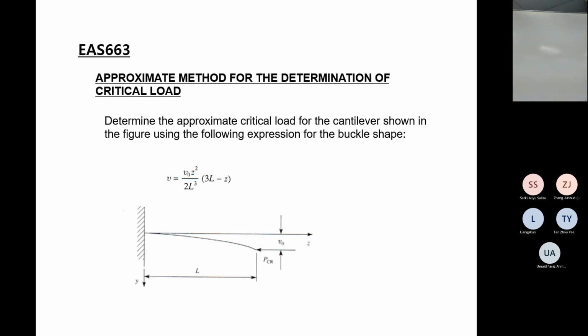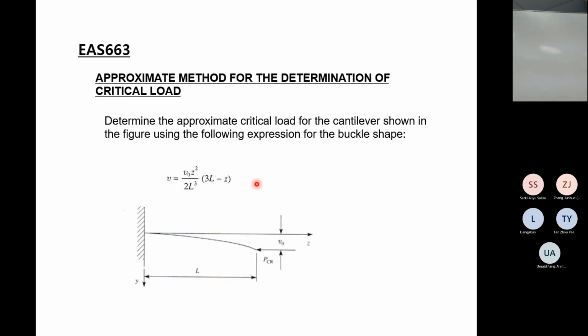It is given here, and you have to use this function as the assumed buckle shape and carry out the Rayleigh-Ritz procedures to determine the P critical. Here in this example, this is Y, as we have seen, and Z is the axial direction. So this is X or Z here, and this is Y, and this is the assumed displacement field that we are asked to use.